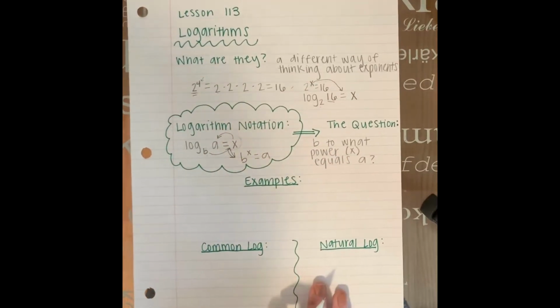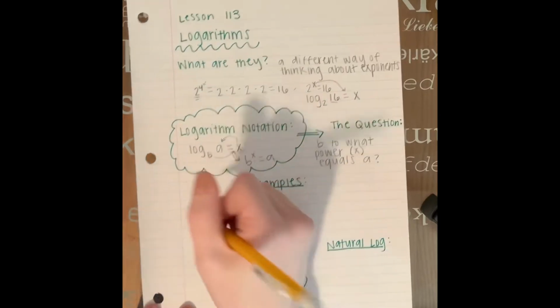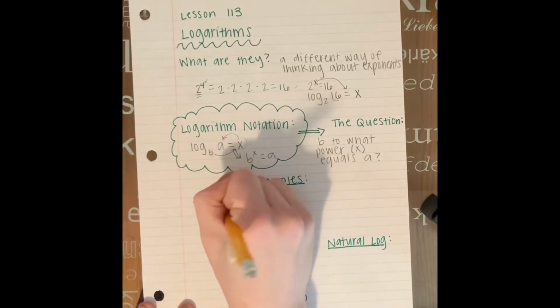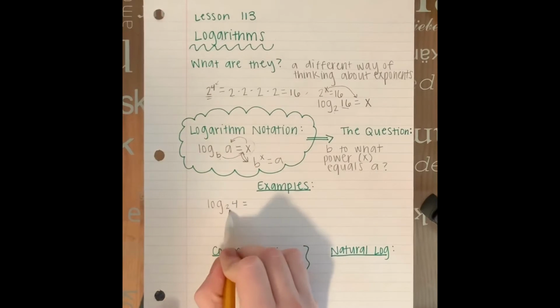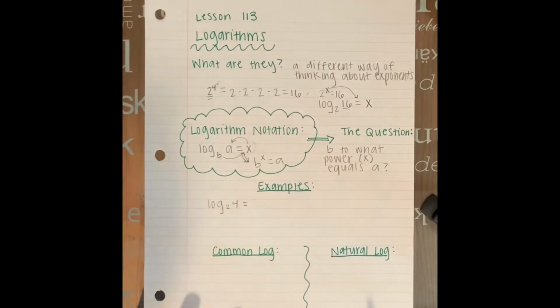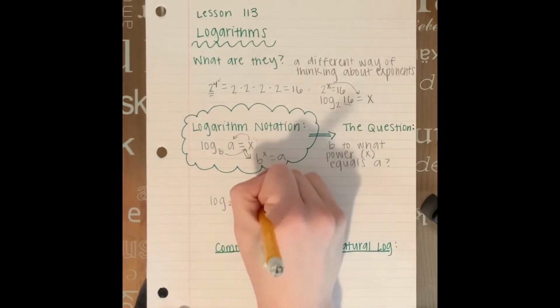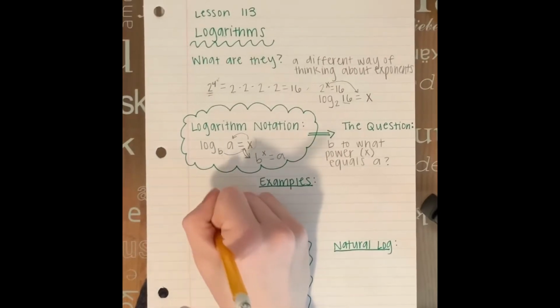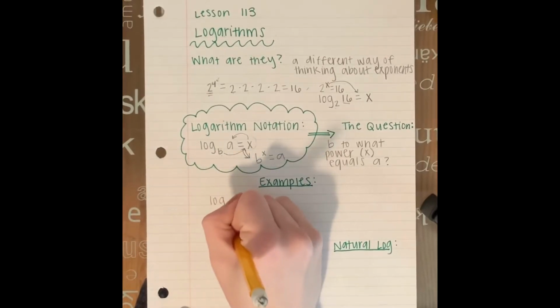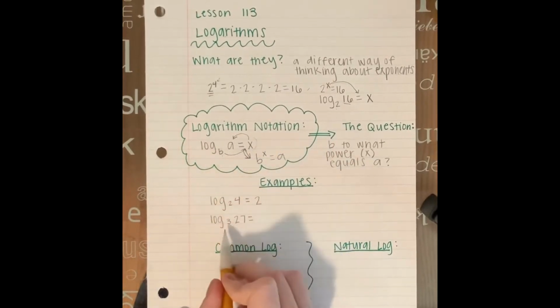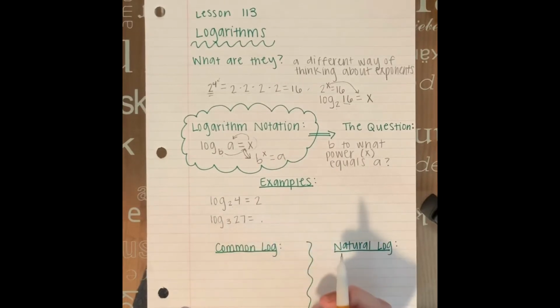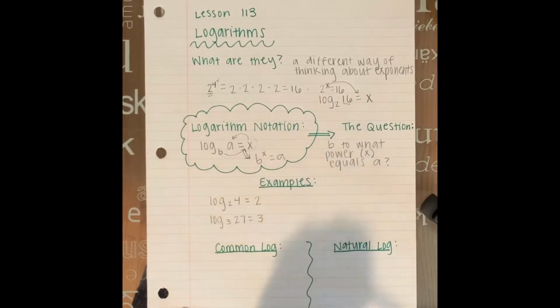Here's some examples. Log base 2 of 4. 2 to what power equals 4? Well, the answer would be 2. Log base 3 of 27. 3 to what power equals 27? 3 cubed equals 27.